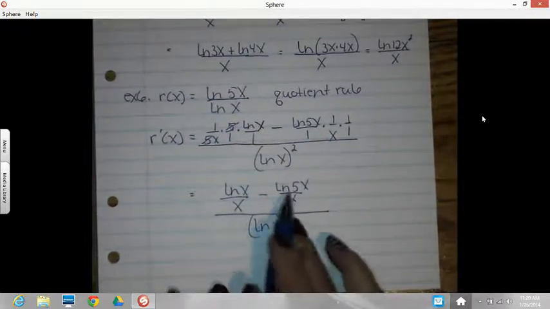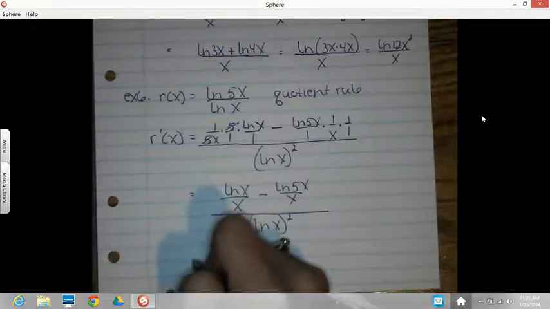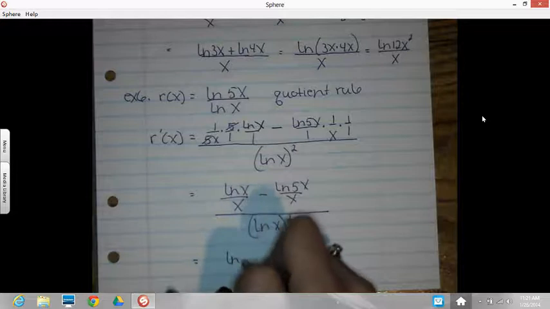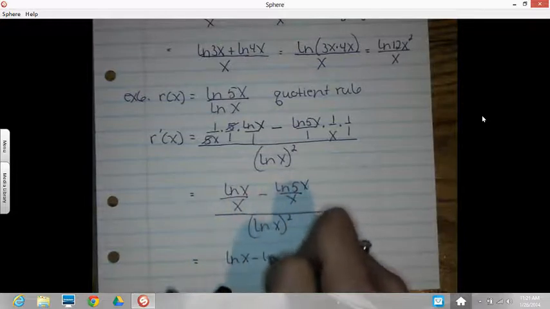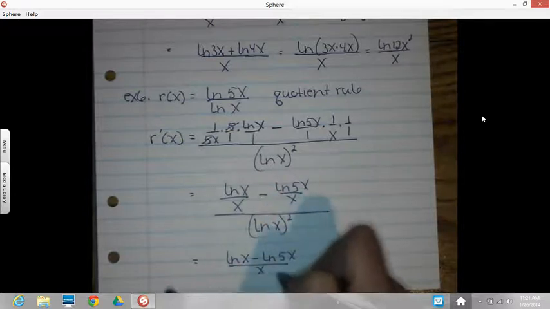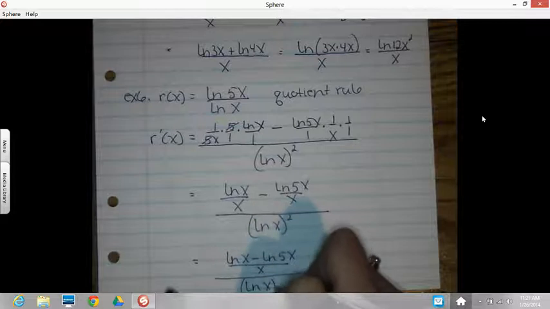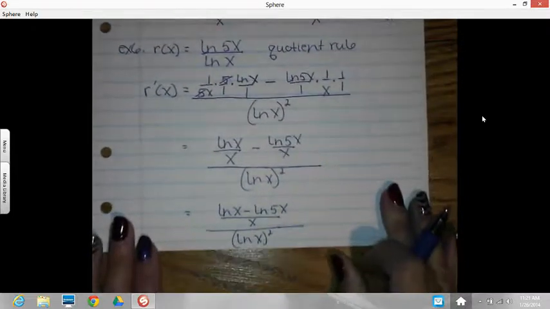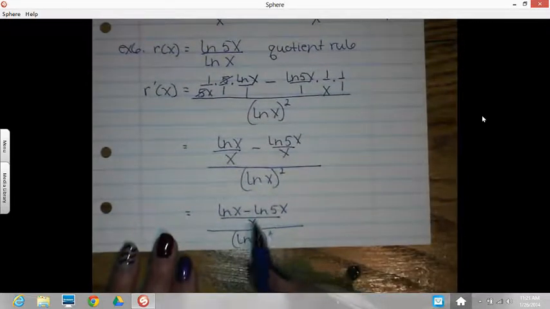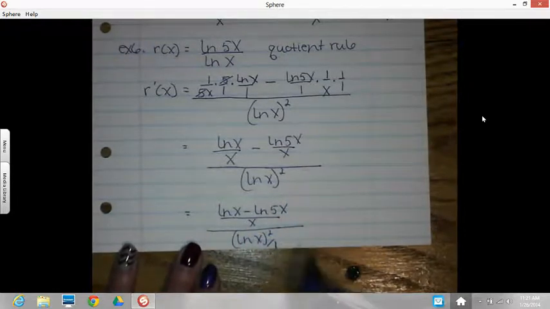In the top, though, I have a common denominator, so I can bring the numerators together. So I get natural log of x minus natural log of 5x all over x, all over natural log of x squared. Okay, because I've got this fraction up here, I'm going to make the bottom a fraction by putting it over 1. I'm going to do a couple things here because I'm running out of paper.